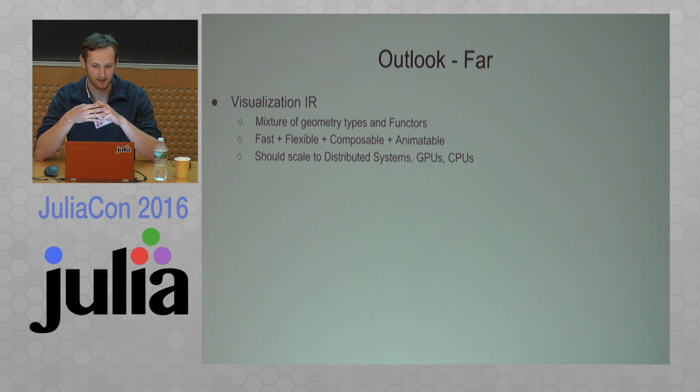So that's why this is for the far future, because I'm guessing that it will need a lot of design work and trying out. And then you probably even want to compile things for the GPU of this visualization IR directly so that you can use the same data types on the GPU. And you might want to distribute it in different servers or something like that. And it should work there as well fairly fast.